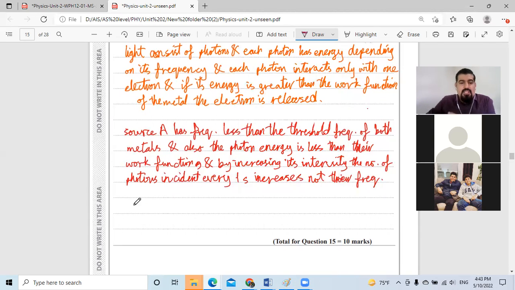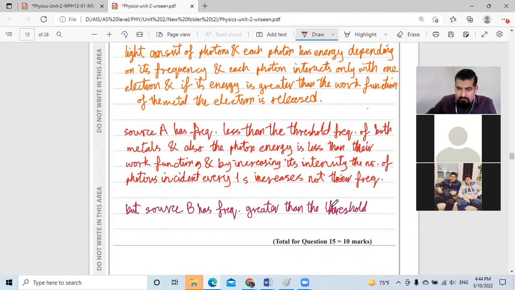But source B has a frequency greater than the threshold frequency of zinc, but not for copper.